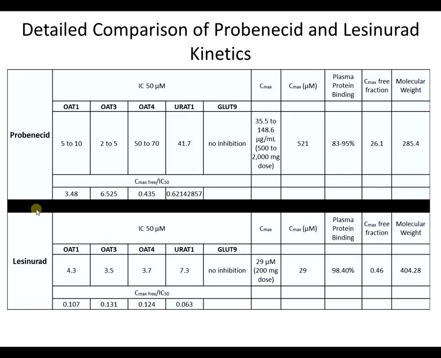Okay, and I know it's probably a lot of detail, but at least in the curriculum here, we don't get much detail on organic anion transporters for the rest of the curriculum. So I wanted to take this opportunity to spend a little bit more time on something that's becoming extremely important.